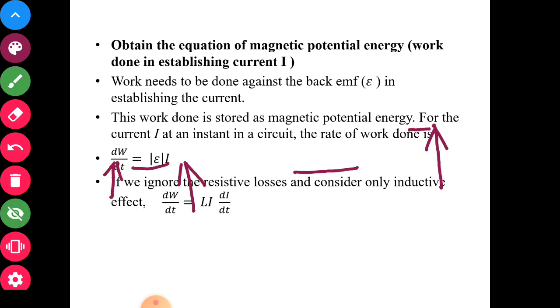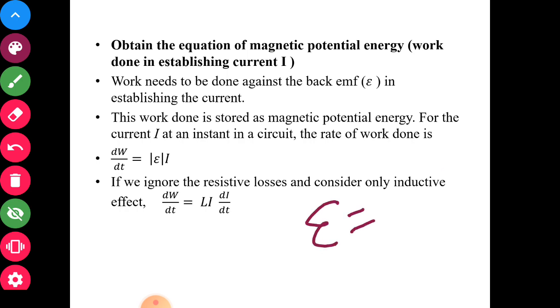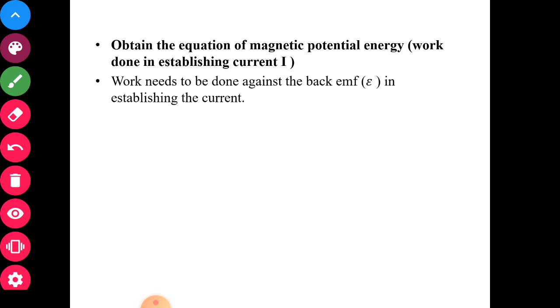Why? Because we have just calculated that E is equal to L dI by dt, the electromotive force produced in this coil when you change the electric current.